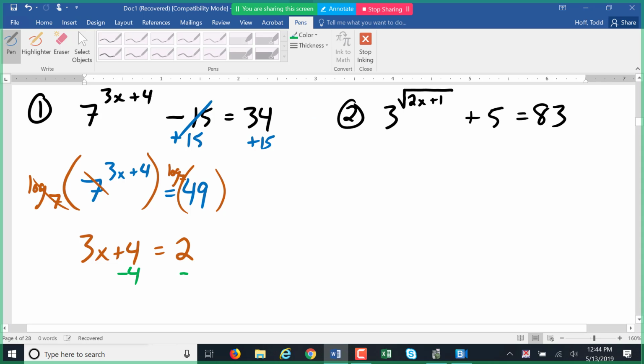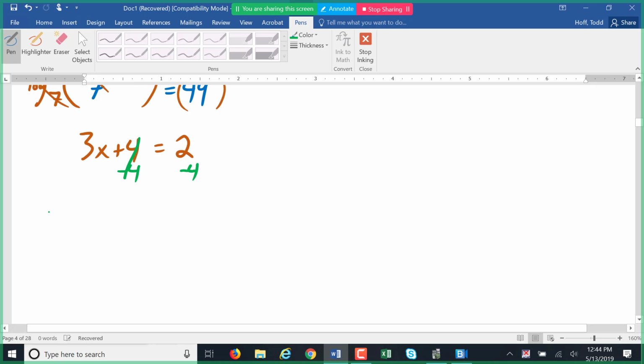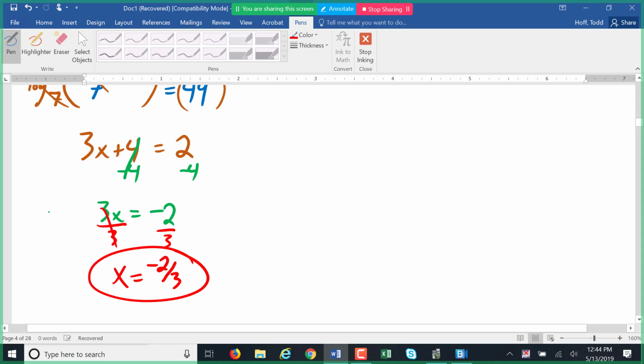We subtract 4. 3x equals negative 2. Now we divide by 3. x is negative 2/3. How many of you had negative 2/3 for that one?